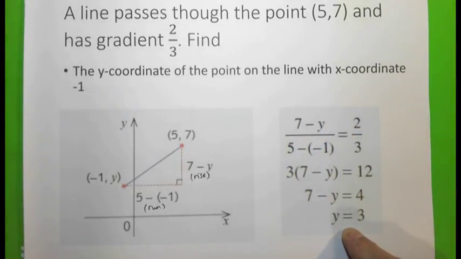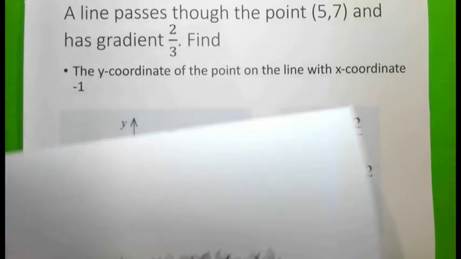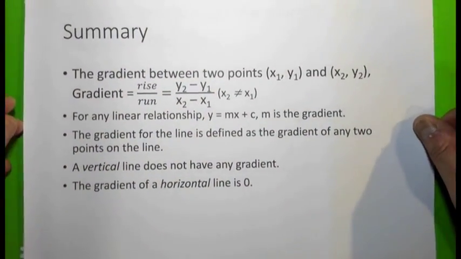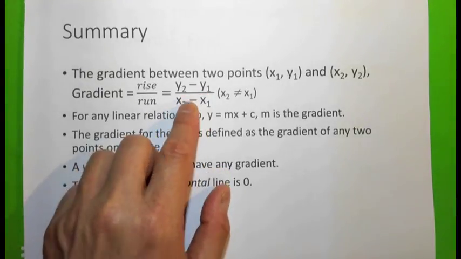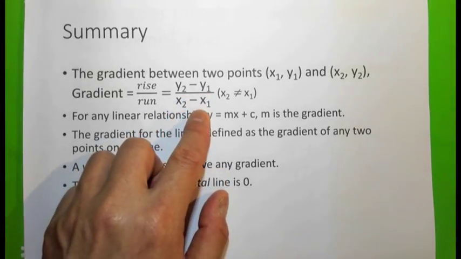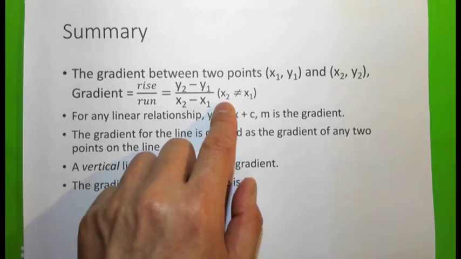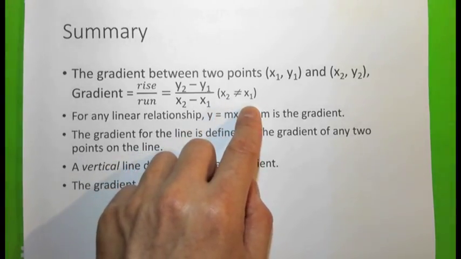So I have shown you some examples on finding gradients and how to use gradient to find x or y coordinates. Let's have a quick summary. The gradient between 2 points (x1, y1) and (x2, y2) is given by rise over run, which is y2 minus y1 over x2 minus x1, as long as x2 is not the same as x1.